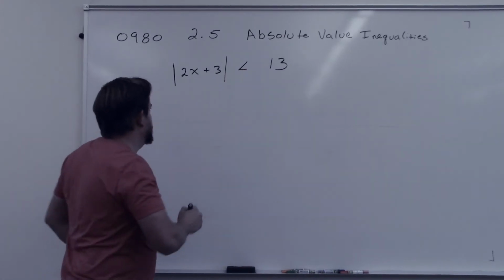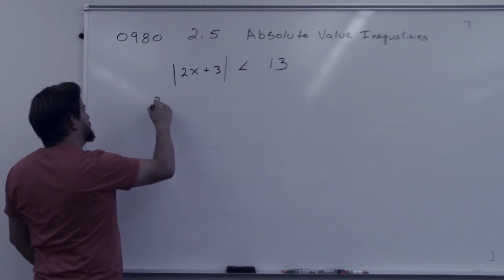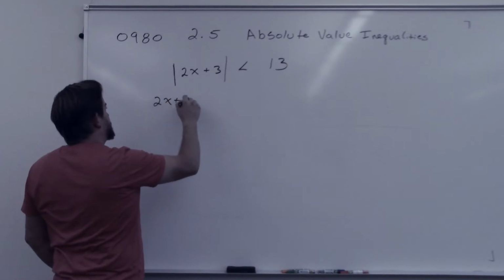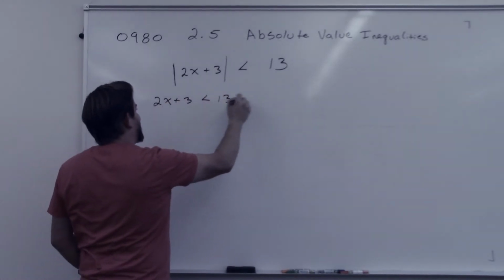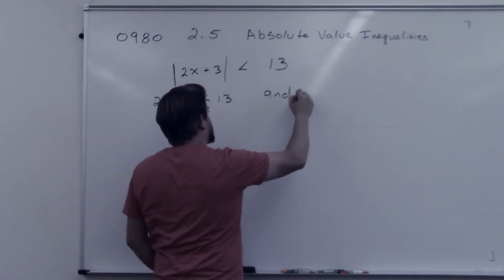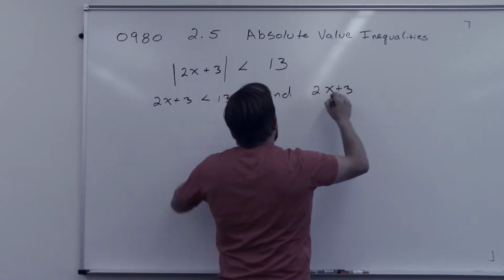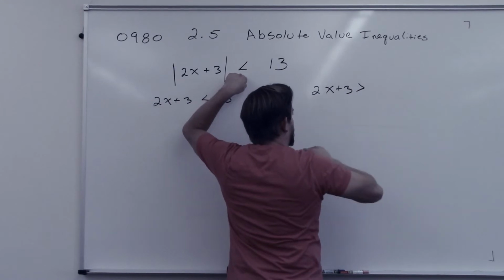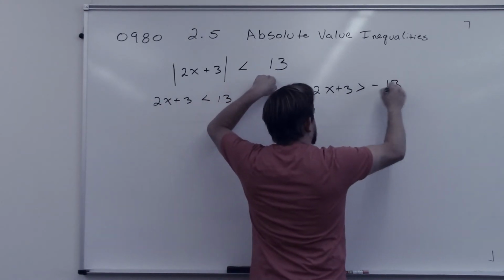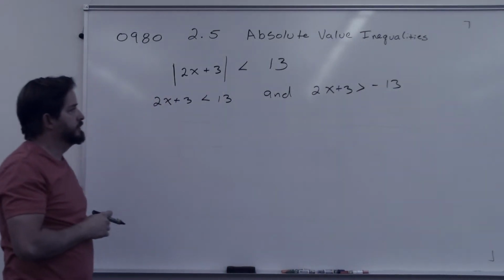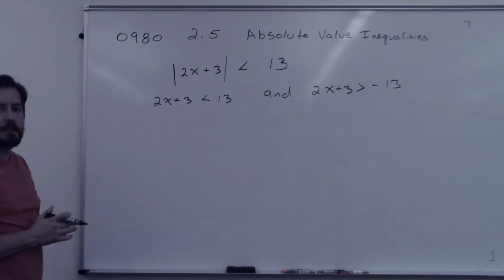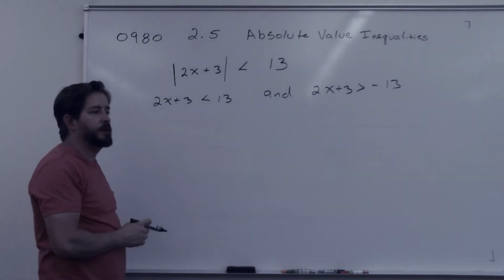I have an AND so I'm going to create my AND conjunction. 2x plus 3 is less than 13, and the other side of this is that expression doesn't change, 2x plus 3. What does change is the inequality, and the number on the right goes negative. And I have my AND conjunction, and I just have to solve both of these independently.